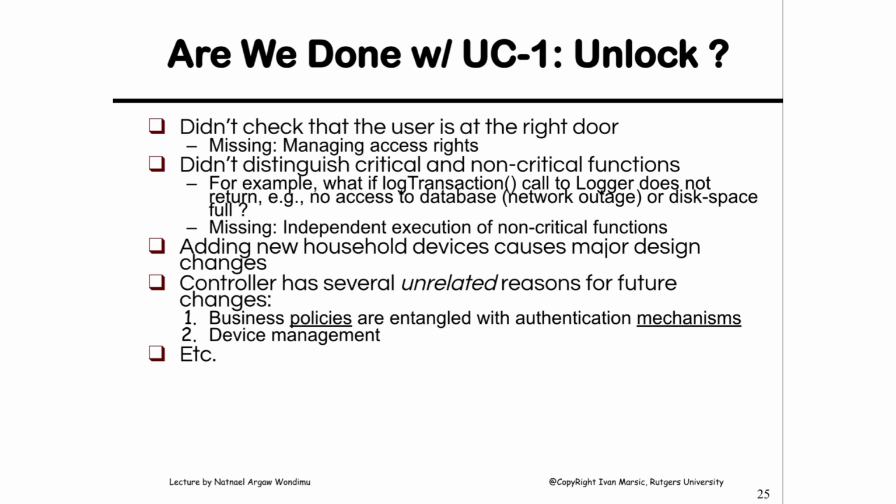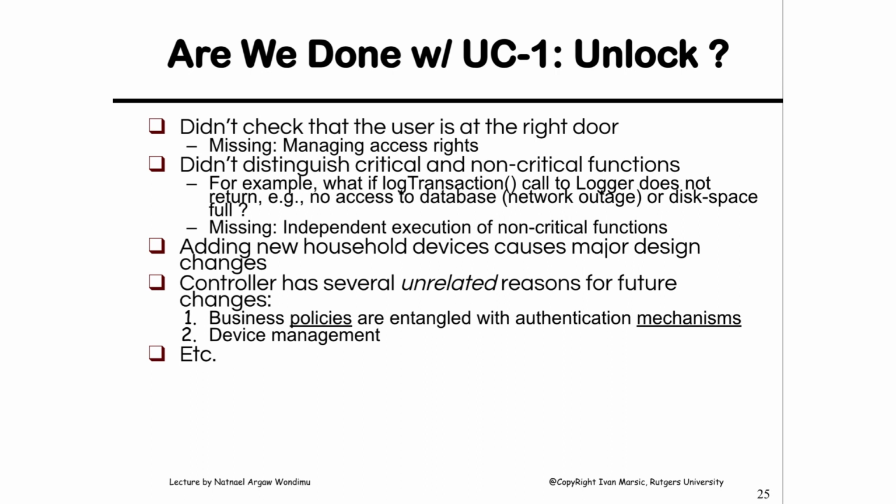For instance, in some cases, you might have to label some functionalities as optional, or not important. So if you get the response from them, it would be nice. But if not, you might have to proceed with your operation as a function, right? So the previous sequence diagram does not have such kind of specifications.